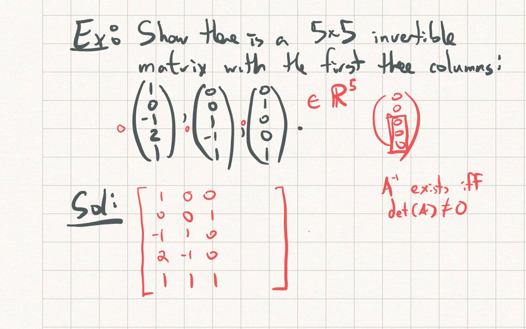So if this is determining the first, the second, and the third, well, the fourth entry we can say will be determined by that guy, and the fifth entry will be determined by that guy. And they're not the only choices. That was just my thought process for coming up with two other vectors.